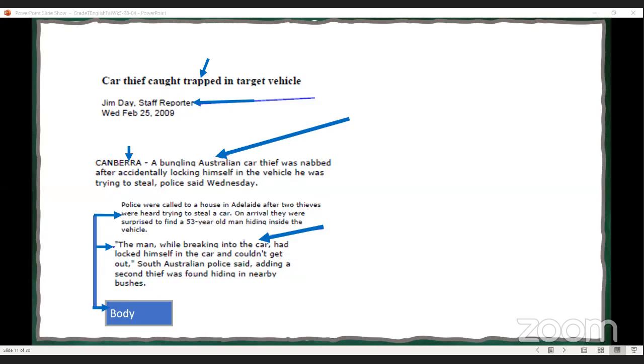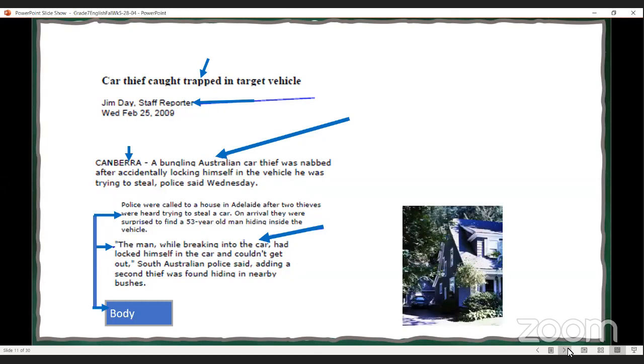Okay, so now we got to break it down. So, what's my headline? Anybody know? What is my headline to this article?